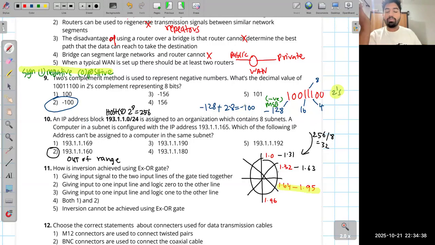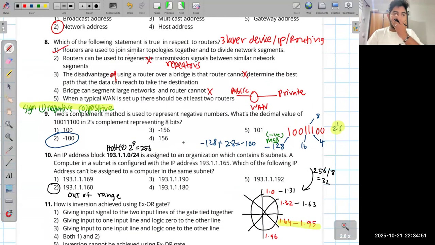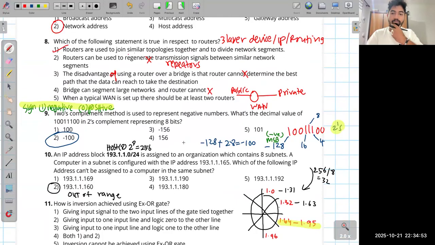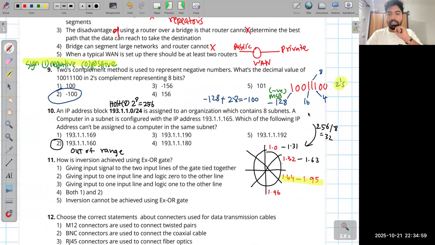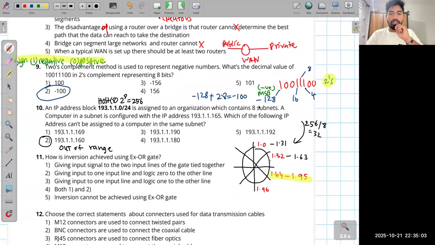So if you start your IP address from 0, yes, it can be taken. Is the fifth one out of the range? No, it's inside.